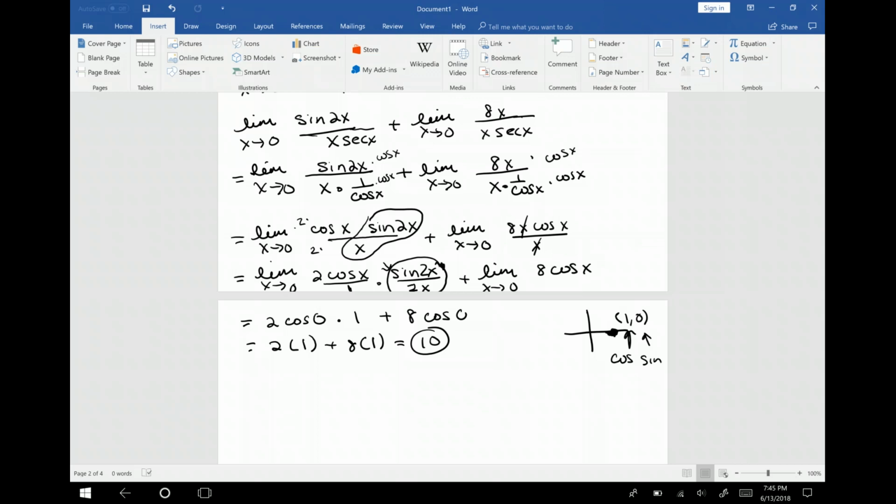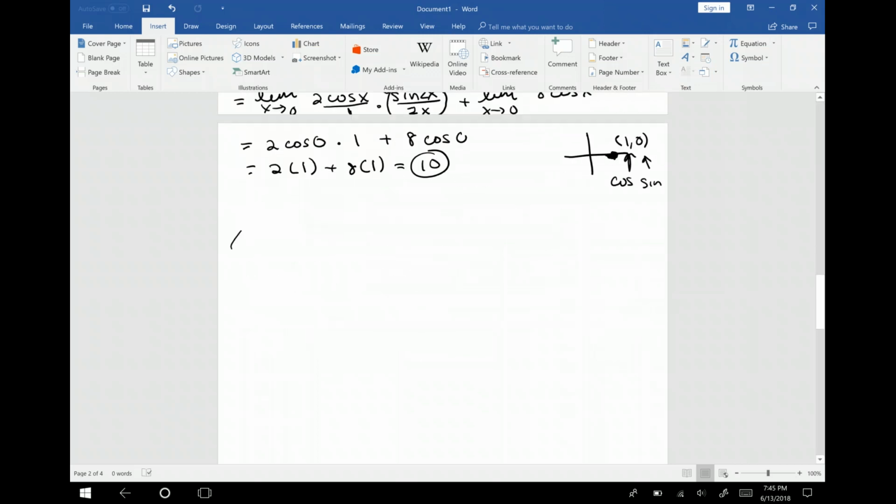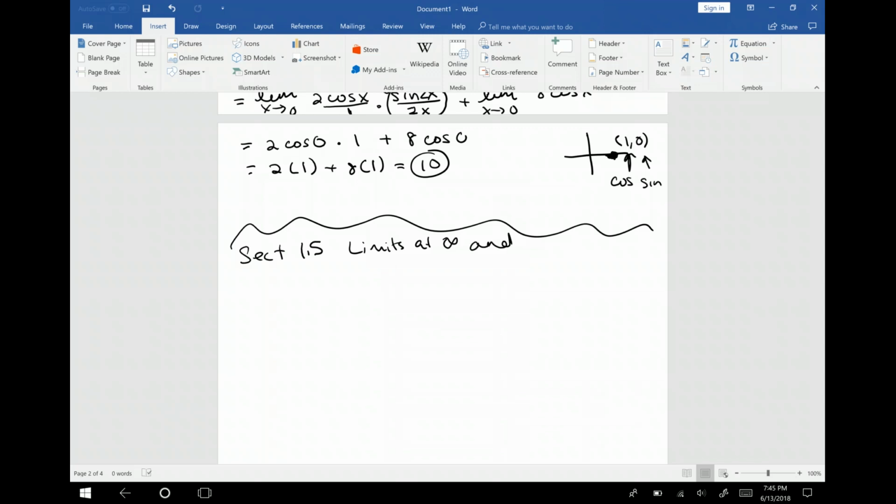All right, let's look then at the next section. So this is going to be section 1.5, and this section is about limits at infinity and infinite limits. Let me just tell you, this is going to be important.